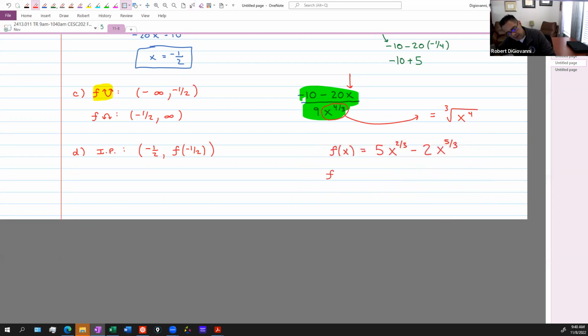I'd have to plug -1/2 in here, which would be F. I have 5 times the cube root of -1/2 squared, minus 2 times the cube root of -1/2 to the 5th power. So I'd probably need a calculator for that. I'm going to hold off on it because I'm going to use the computer to do it for me. But you could do that on your calculator and get a decimal answer.